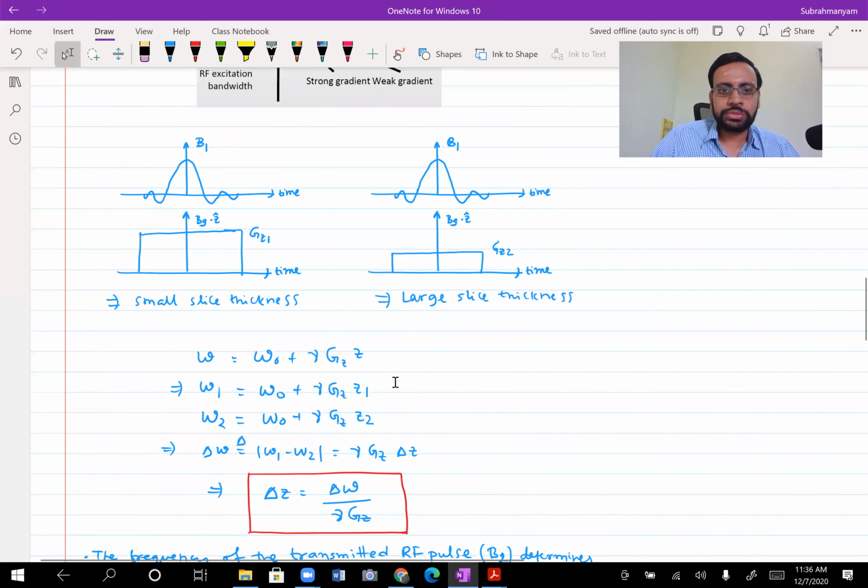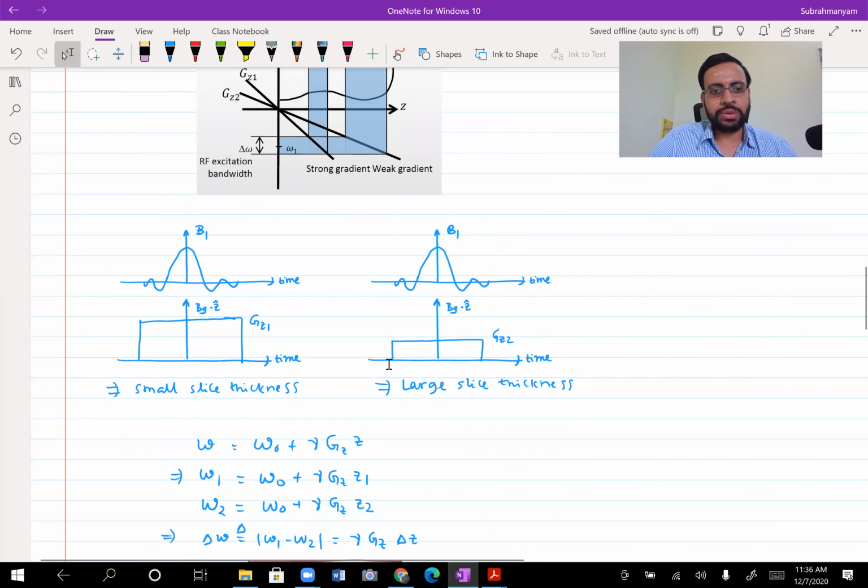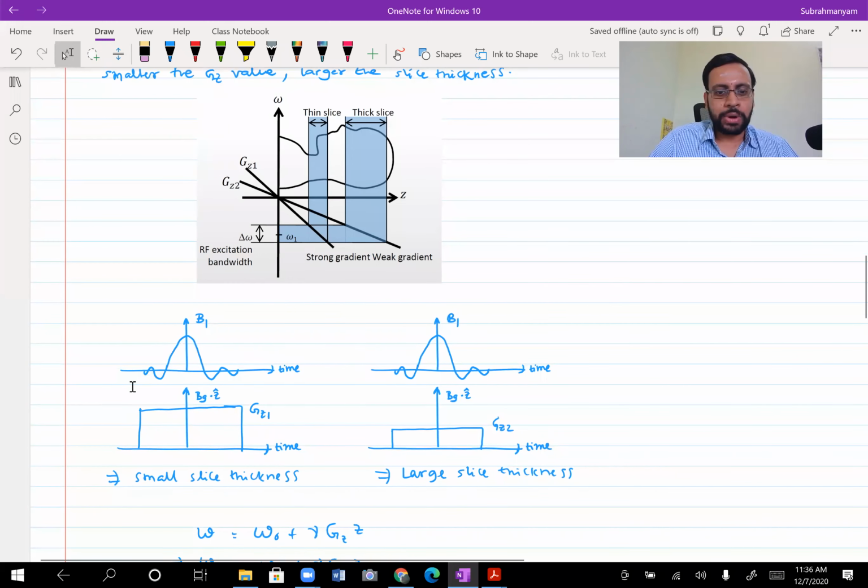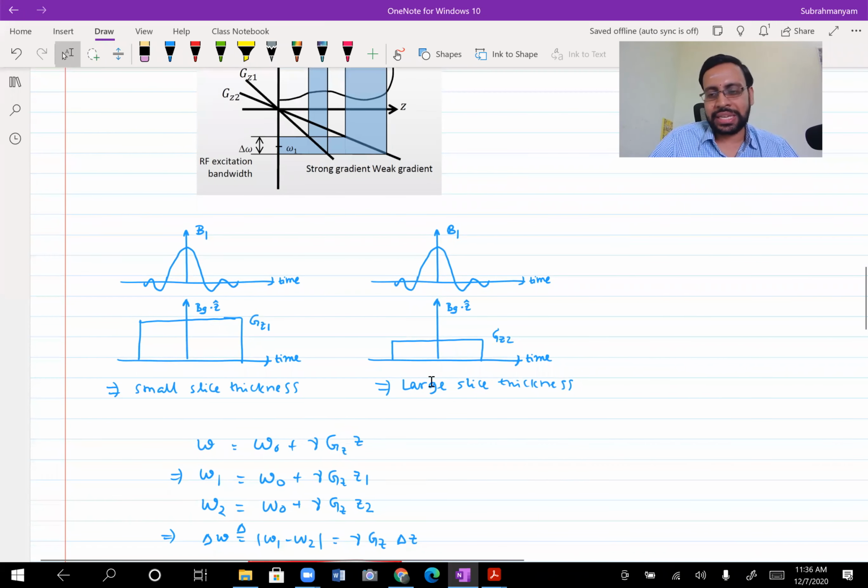Now, so that's what you could see here. What does it mean if I am plotting here the gradient against time? If I want a larger slice thickness, the gradients that you would be applying would be relatively small here. So you have inputs on one side. B naught, nothing to do, this would always remain.